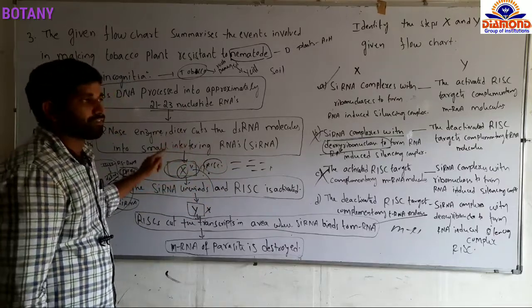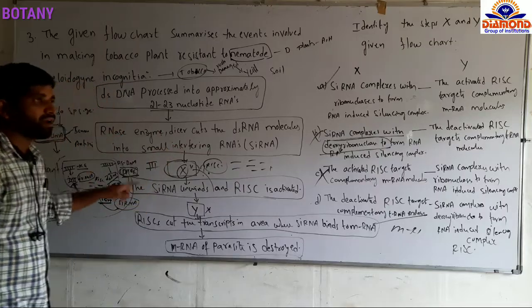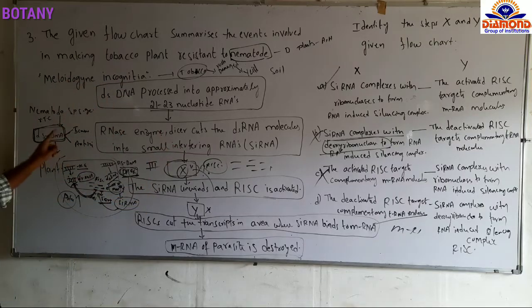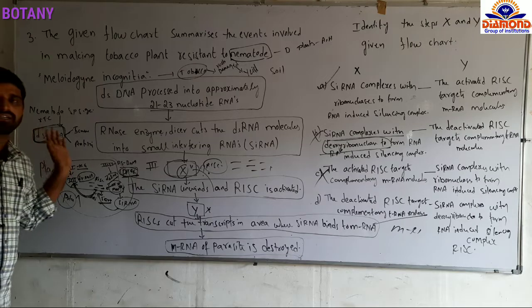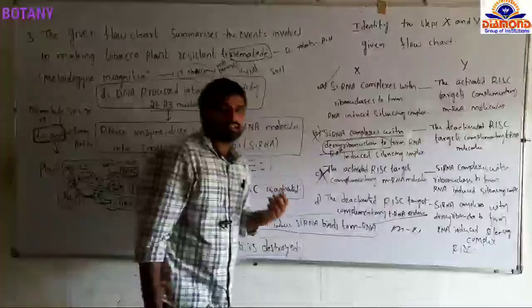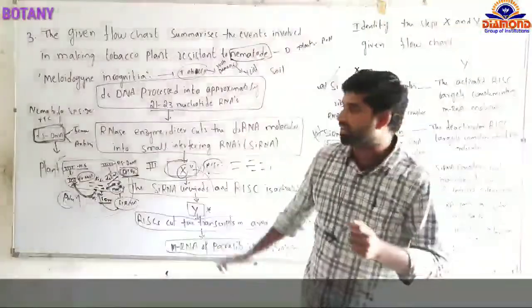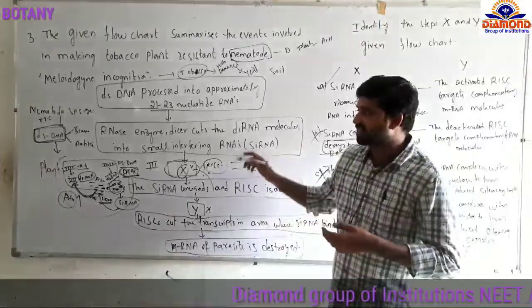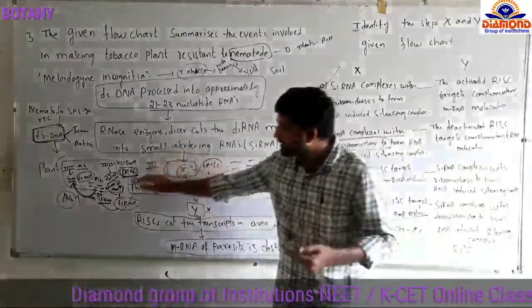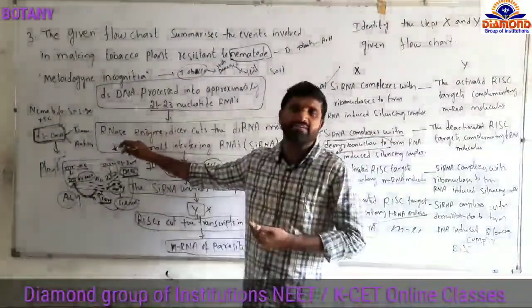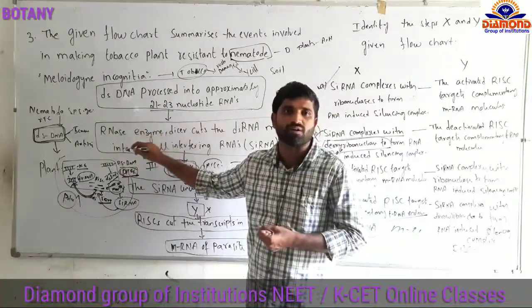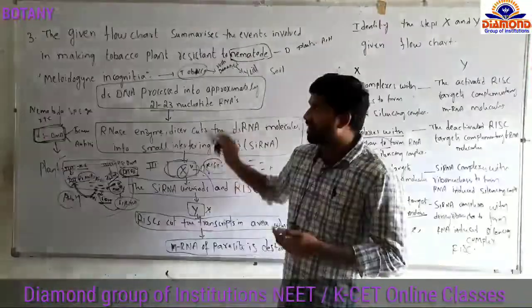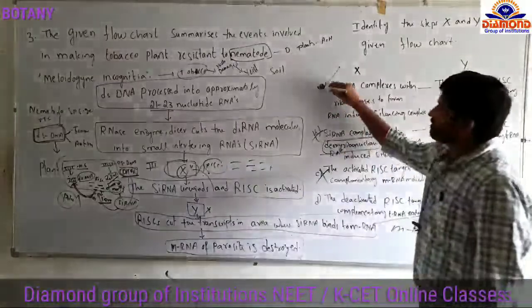These bind directly to the mRNA of the nematode gene, forming double-stranded RNA, and prevent the synthesis of protein. Translation is stopped, and the mRNA is inactivated or silenced. That's why this is called RNA interference or mRNA silencing. So the answer is A.